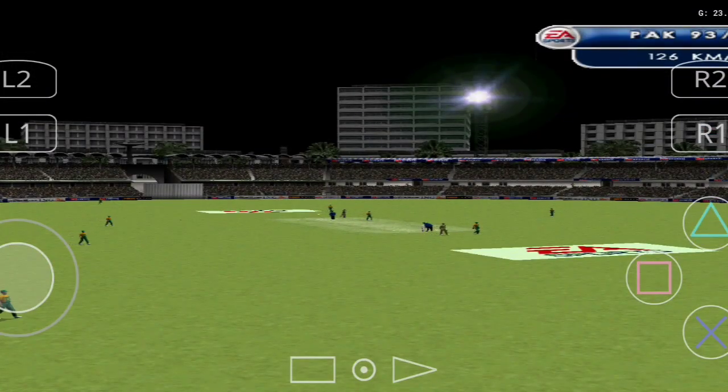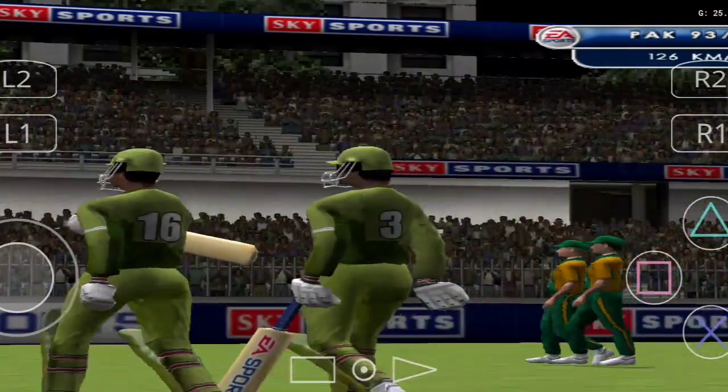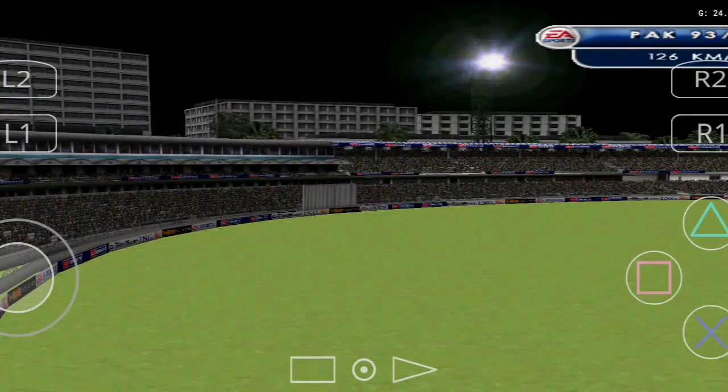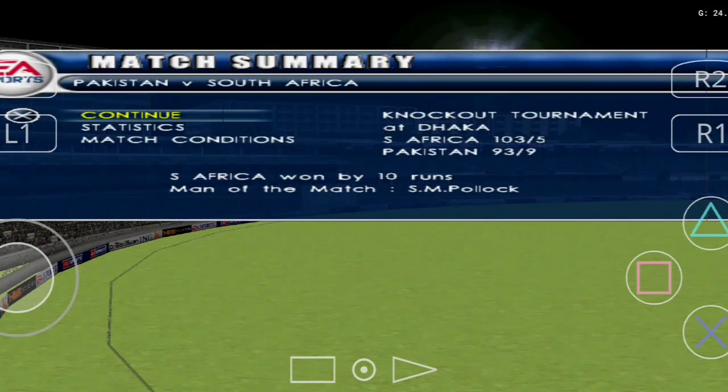Dreadful judgment by the 2 batsmen. The captain won't be pleased about that. So to sum up then, South Africa win by 10 runs.